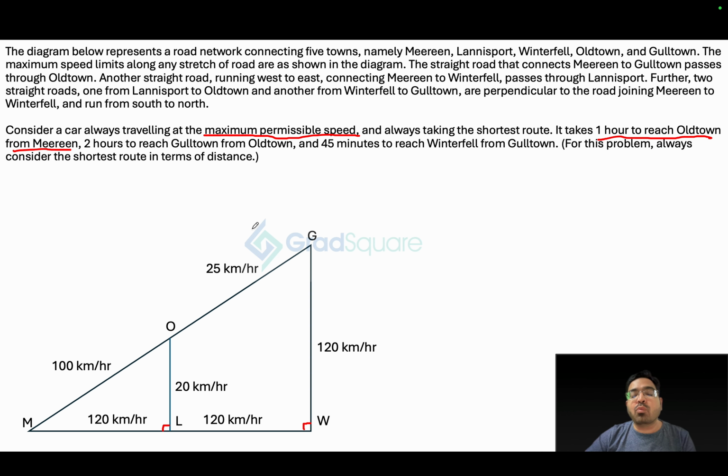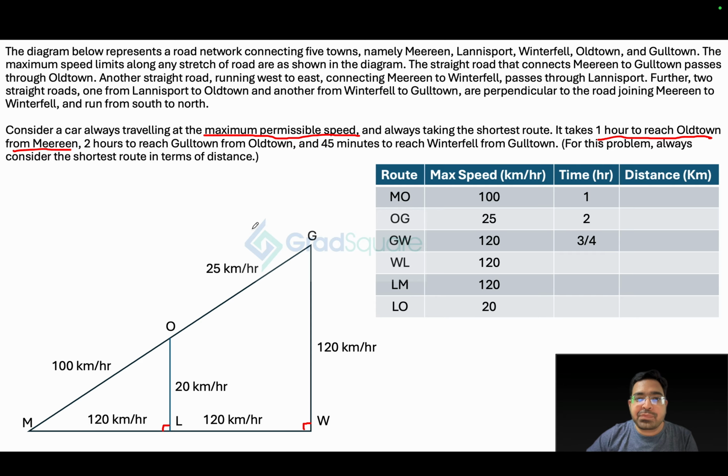So let's see what kind of data has been given to us. On the route MO, they are saying 100 kilometers per hour, OG is 25 kilometers per hour, GW is 120, WL is 120, LM is also 120, and LO is 20 kilometers per hour. The maximum permissible speed limit is given to you.